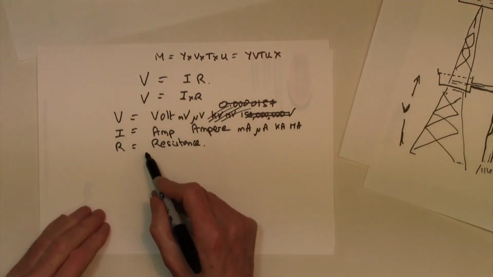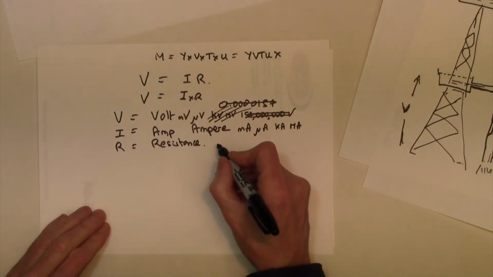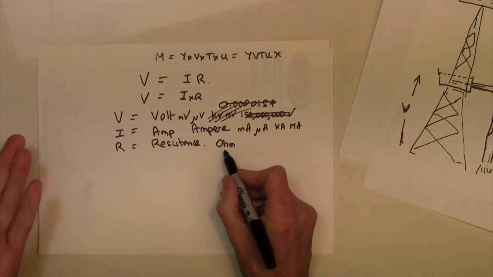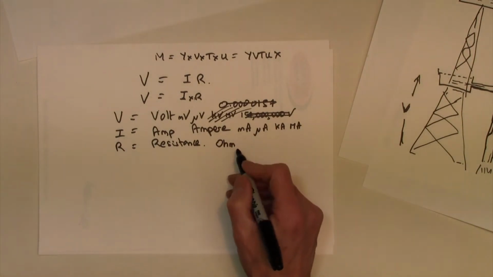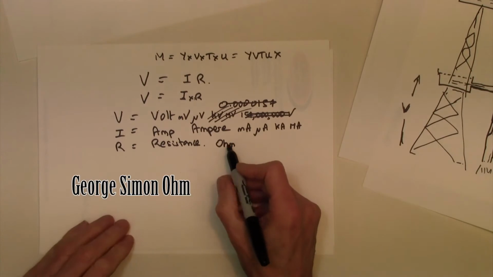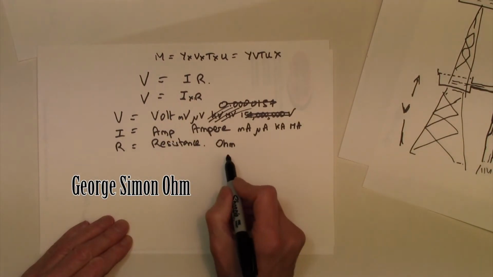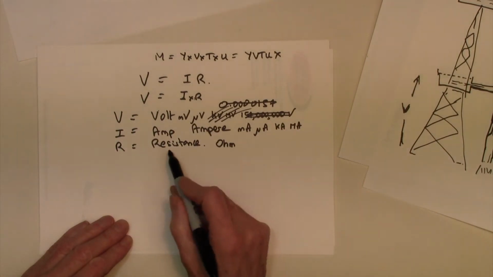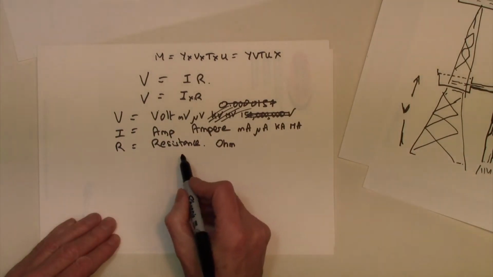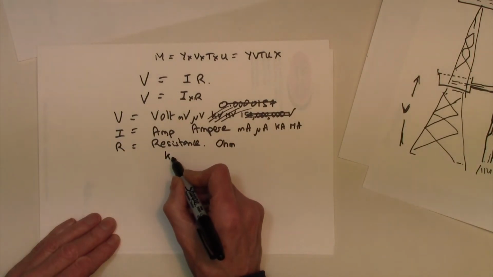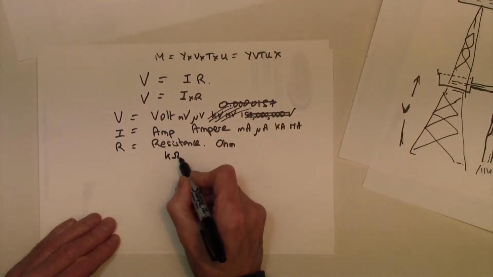Resistance, again, comes in the range. It's always measured in something called ohms. And this is named after another person, Ohm. I'm afraid I don't know his first name, and he was the one who came up with Ohm's Law and gave his name to the unit of resistance. Again, we can divide these up again, and common things are kilo ohms. Here's a little symbol for ohms. Look, you need to learn that.